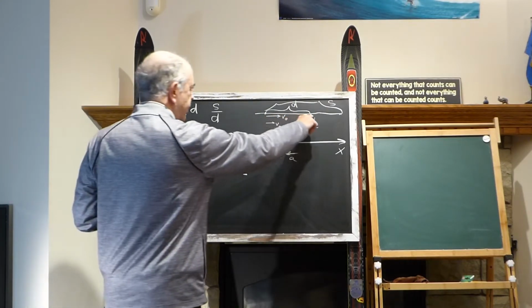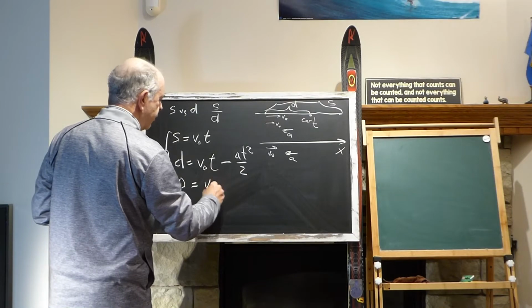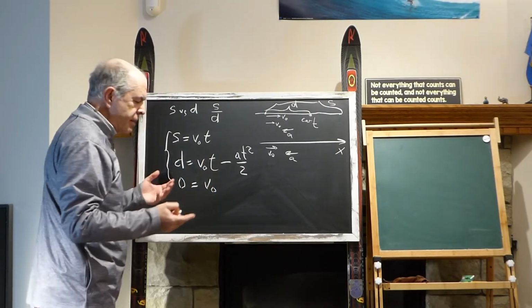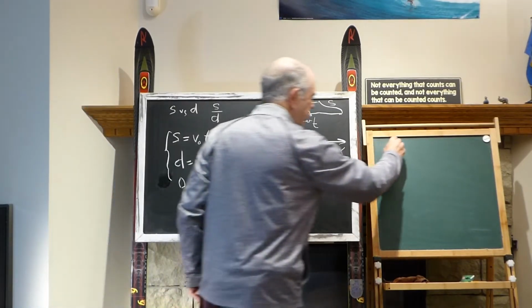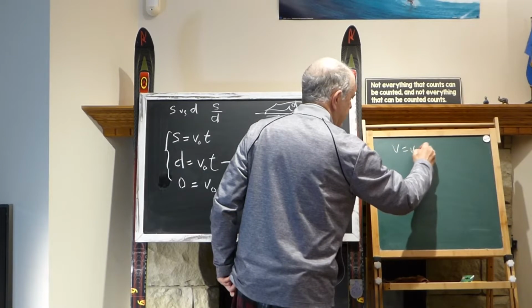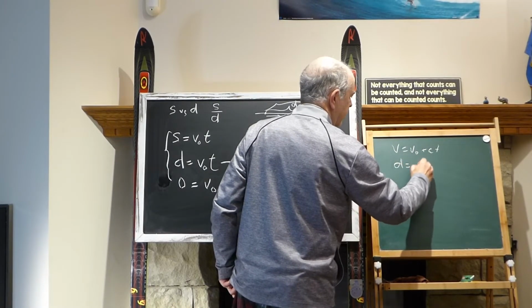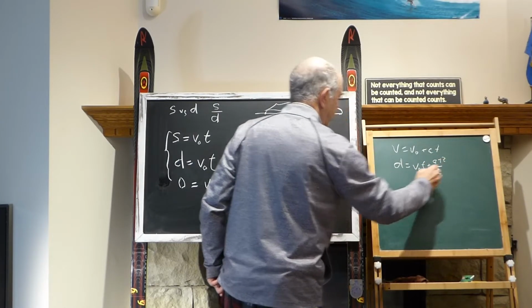The speed of the car at that moment is 0, and because the car was traveling with constant acceleration, or deceleration in this case, the formula for the speed that we will use is v equals v0 plus at, and another formula is d equals v0t plus at squared divided by 2.